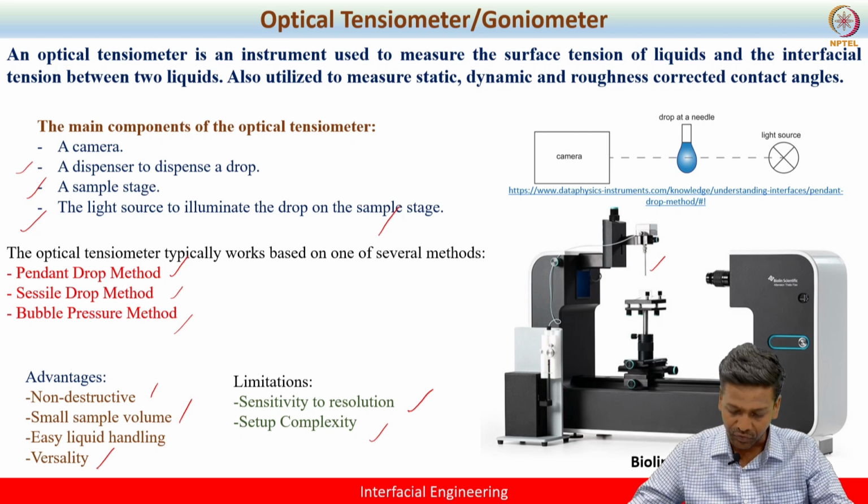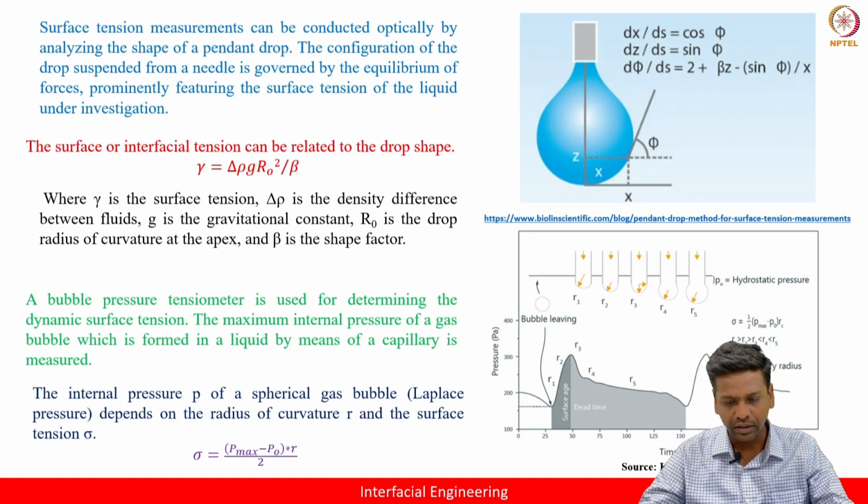These modules. So next we look at how this pendant drop method is basically carried out. As I told, this shape factor beta is very important if you want to determine the surface tension. So that is readily determined using the various geometric parameters, okay, which are shown in this pendant drop schematic.